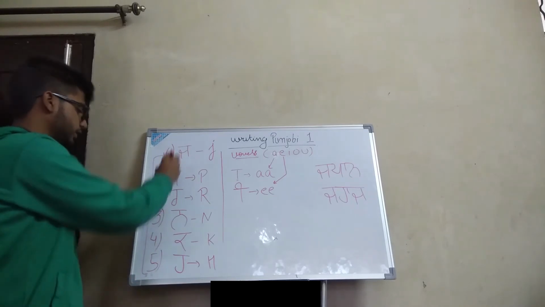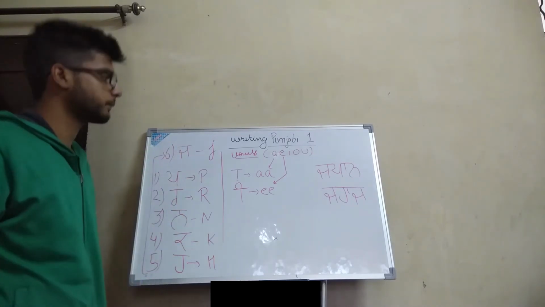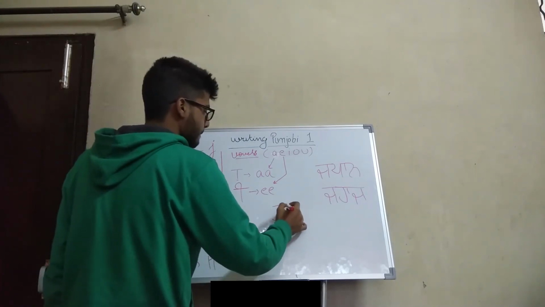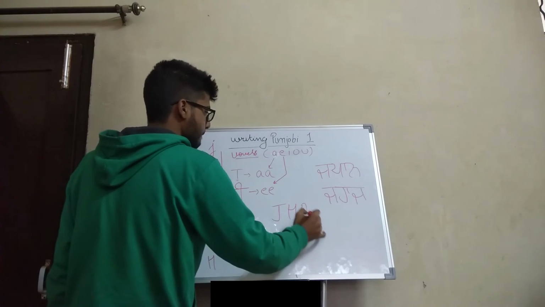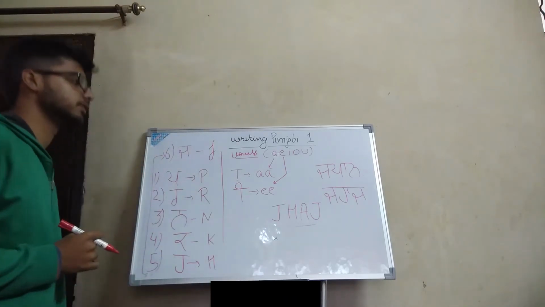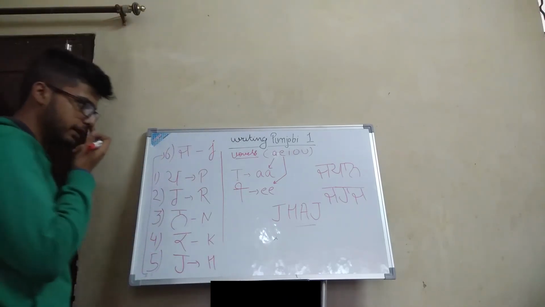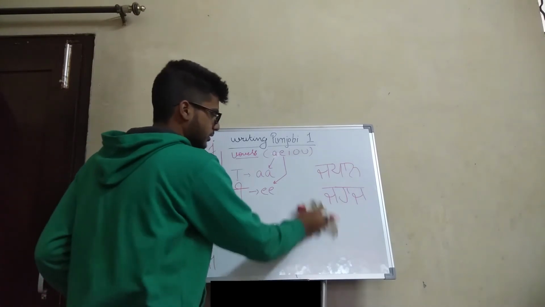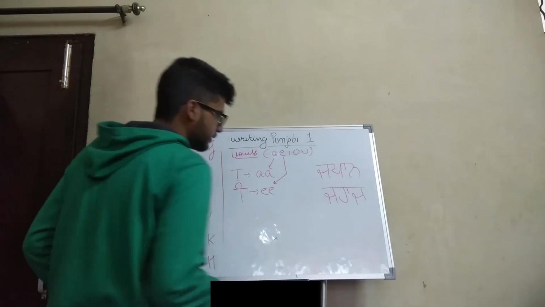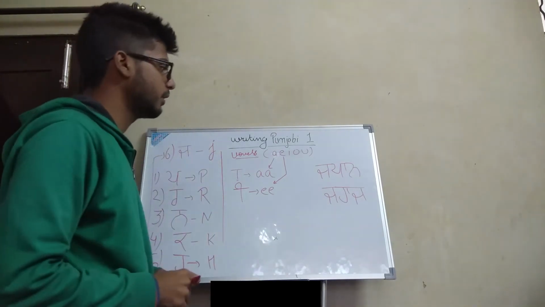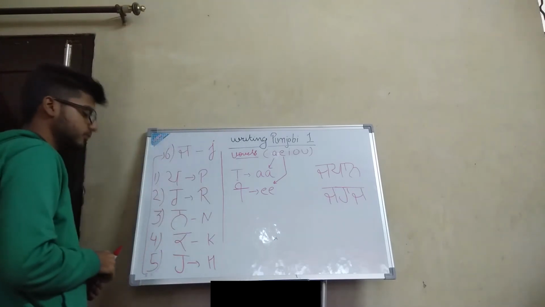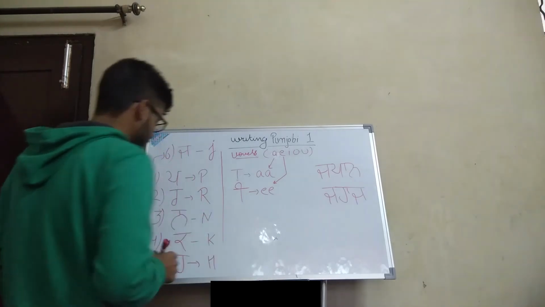We have J, we have H, again we have J. It's Jahaj. Jahaj means aeroplane. It's a Punjabi word. Samundri Jahaj is a ship that travels in water or sea, and Hawai Jahaj is aeroplane. So what about this one?